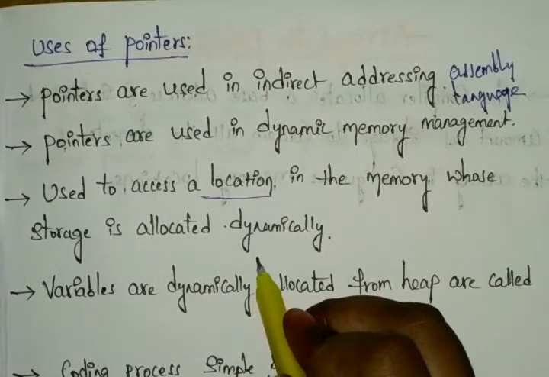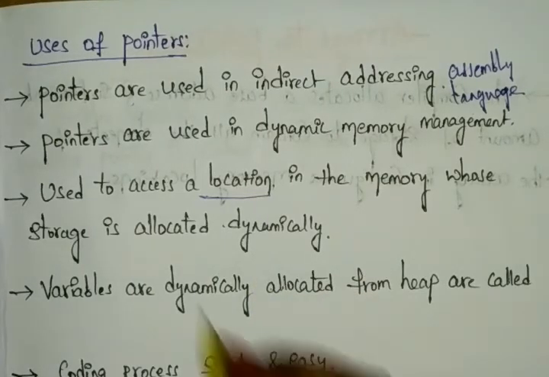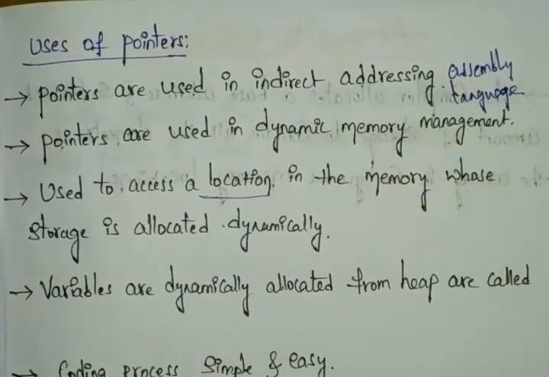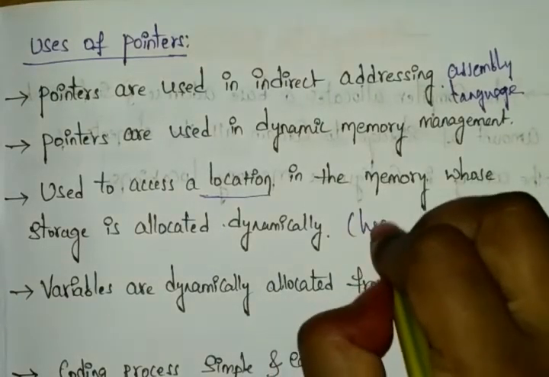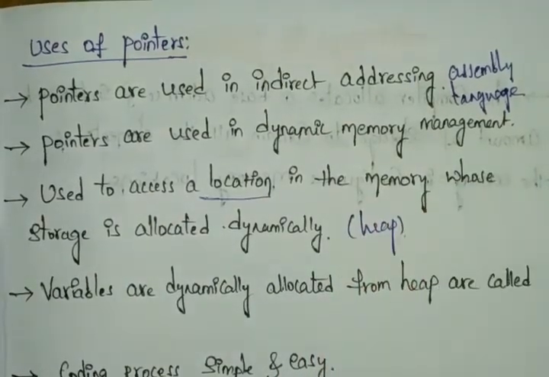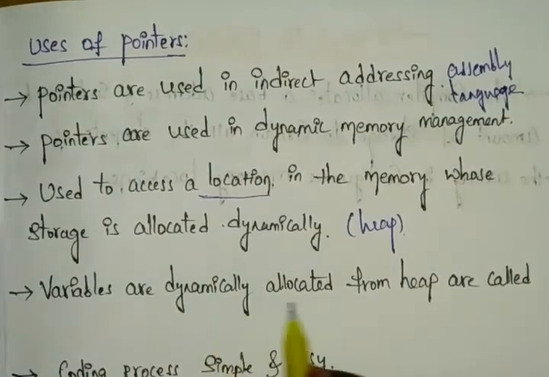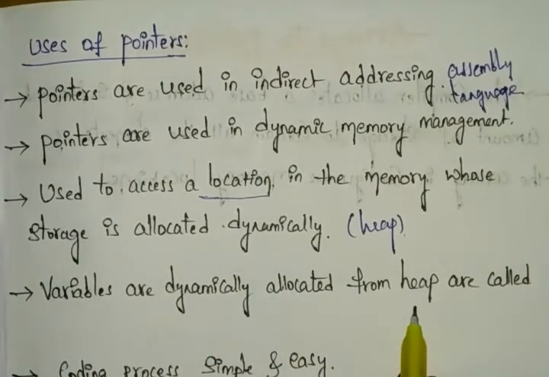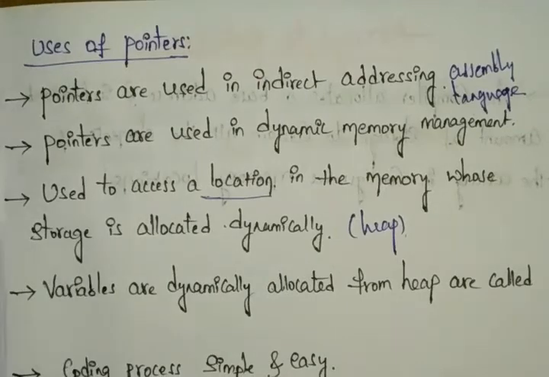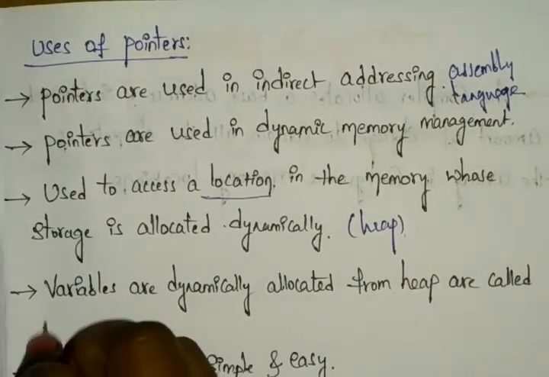Okay, so that we can call the heap. So if you perform dynamic allocation, that we can call heap allocation. And the variables are dynamically allocated from the heap, that is called heap dynamic variables.